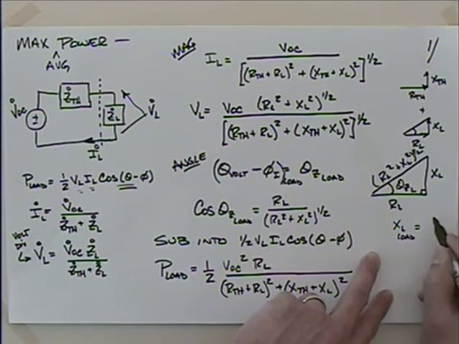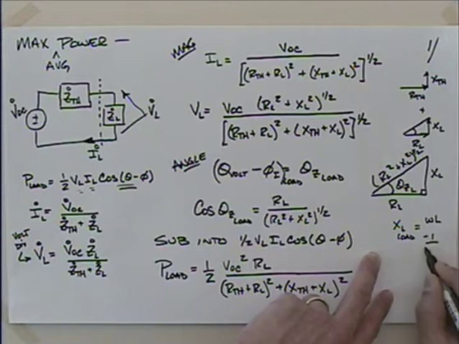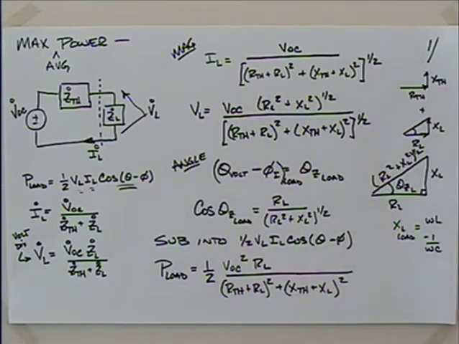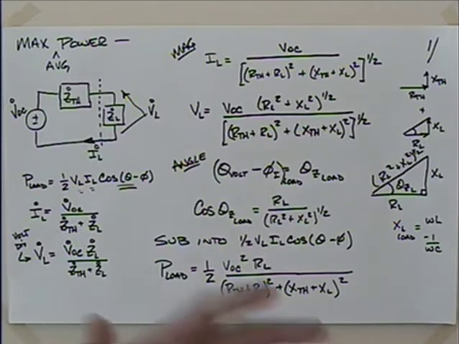And that would be either omega L or minus 1 over omega C. So it's the reactive portion. That's the imaginary portion. Okay. Are there questions there?